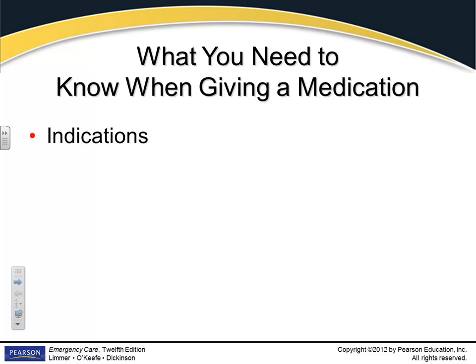What you need to know when giving a medication, you need to know what it's indicated for. I had a patient one time, we went because she had fallen out. She was playing bingo or something in a big bingo hall. And I'm doing my assessment on her, and she's telling me her medications. She's got an inhaler. She's got nitroglycerin. I mean, she's got them all. And I said, so what made you feel like, how come you passed out like this?